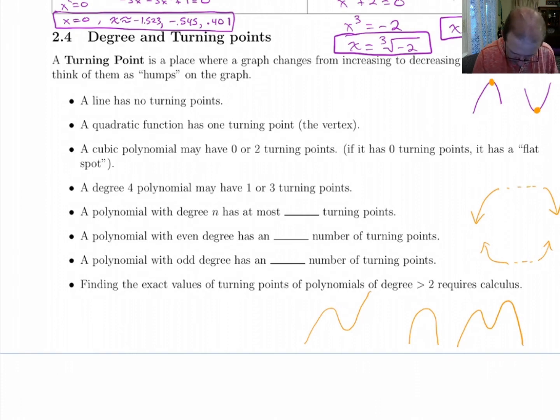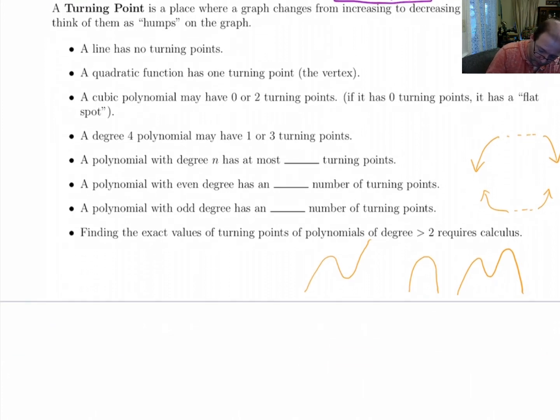So if you work through this stuff, what you can come up with is a polynomial with degree n has at most how many turning points? Well, a quadratic has at most 1. Actually, it has exactly 1. Let's look at this: degree, max number of turning points.